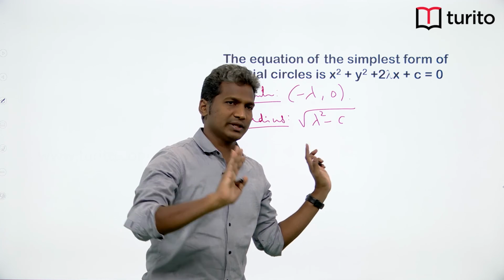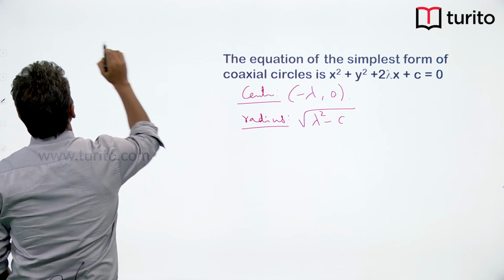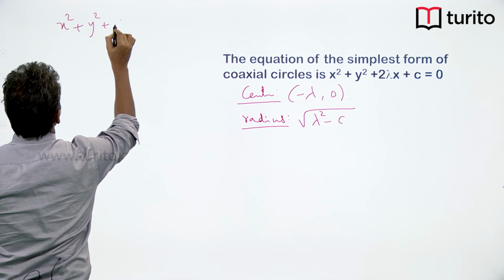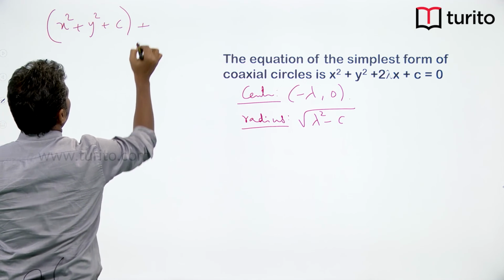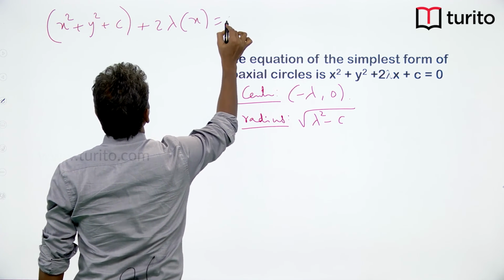That is always there. Now, by taking this equation and converting into a different form, x square plus y square plus c plus 2 lambda into x is equal to 0.